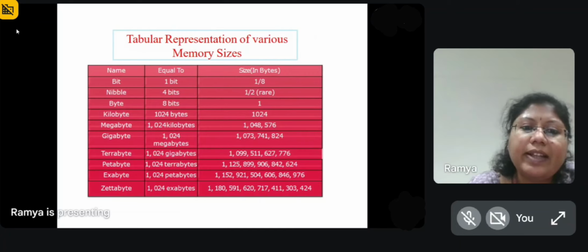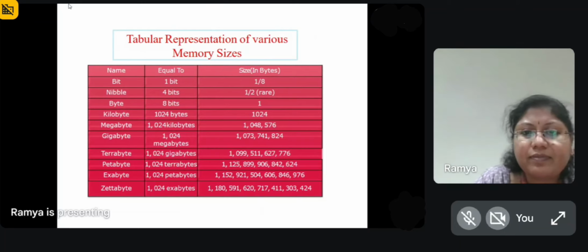Similarly, 1024 kilobytes is considered 1 megabyte, 1024 megabytes is 1 gigabyte, 1024 gigabytes represents a terabyte, 1024 terabytes is a petabyte, 1024 petabytes is an exabyte, and 1024 exabytes is a zettabyte.